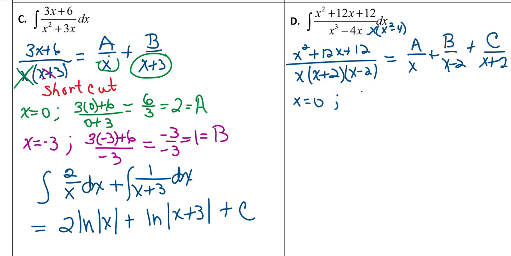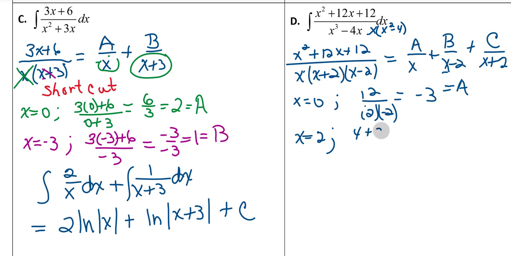So I am going to have 12 over, and I remember I just ignore the x, so I have 2 times negative 2, and so I get 12 over negative 4, which is negative 3, and that's my A. And then for B, I'm using x minus 2, so I let x equal 2, and then I'm going to get 2 squared, so 4, plus 20 plus 12, and when I add that together I'll get 36.